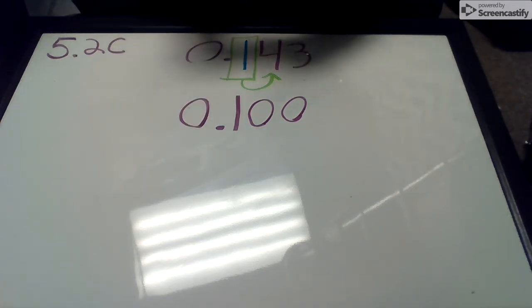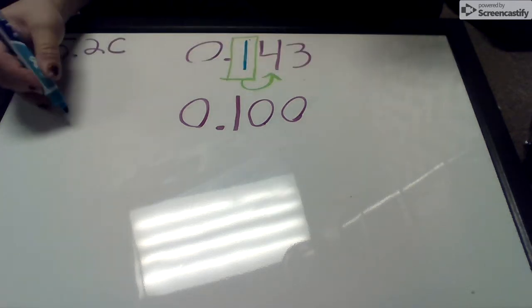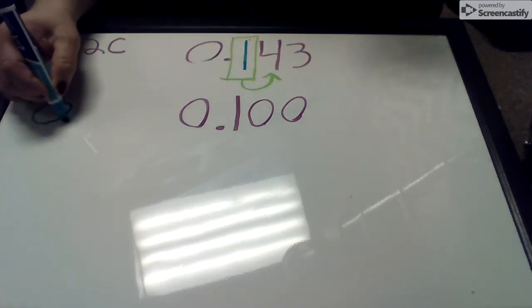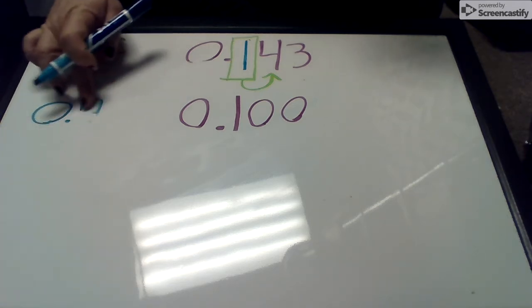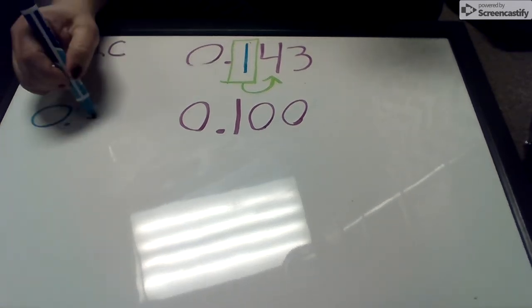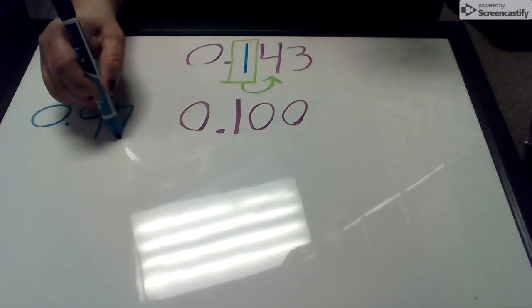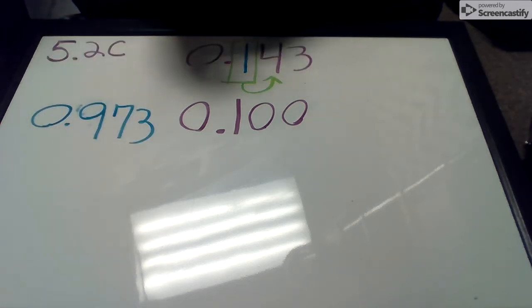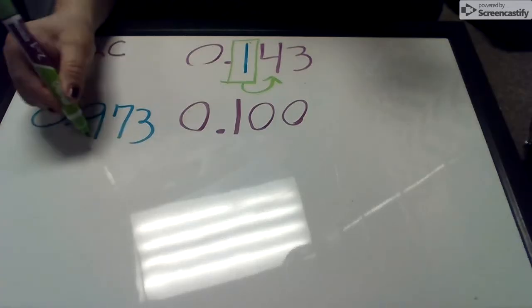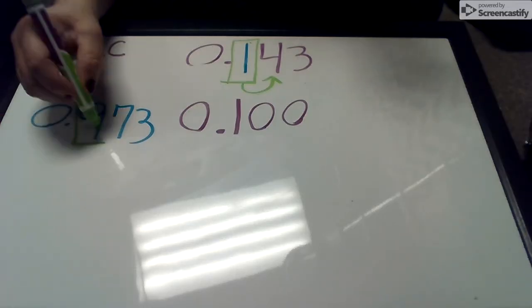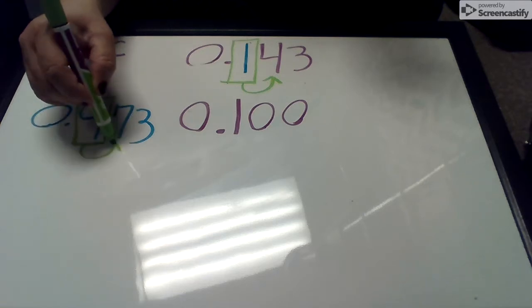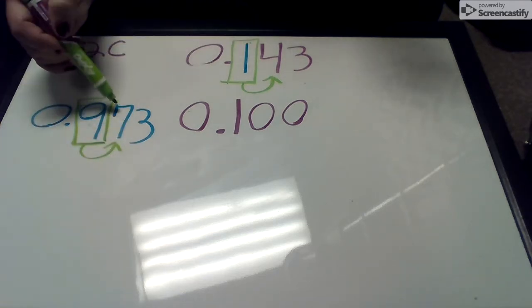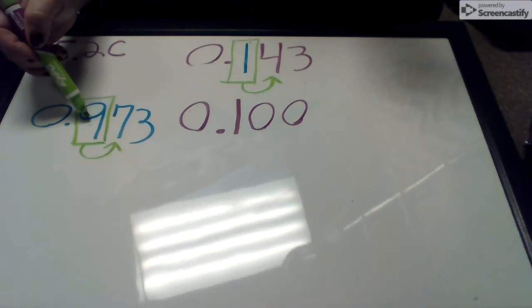Okay. Now, if this was a number like, let's turn this into a 9 and this into a 7 and a 3. And I'm still rounding to the nearest tenths place. Well, here's the tenths place. Behind the tenths place is the 7. It's more than 5, so this is going to go up 1.